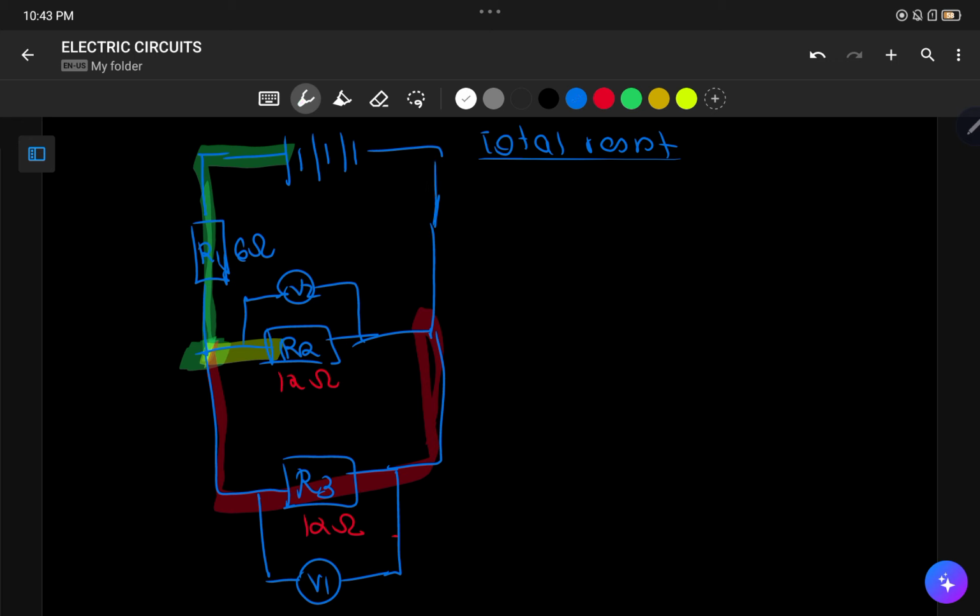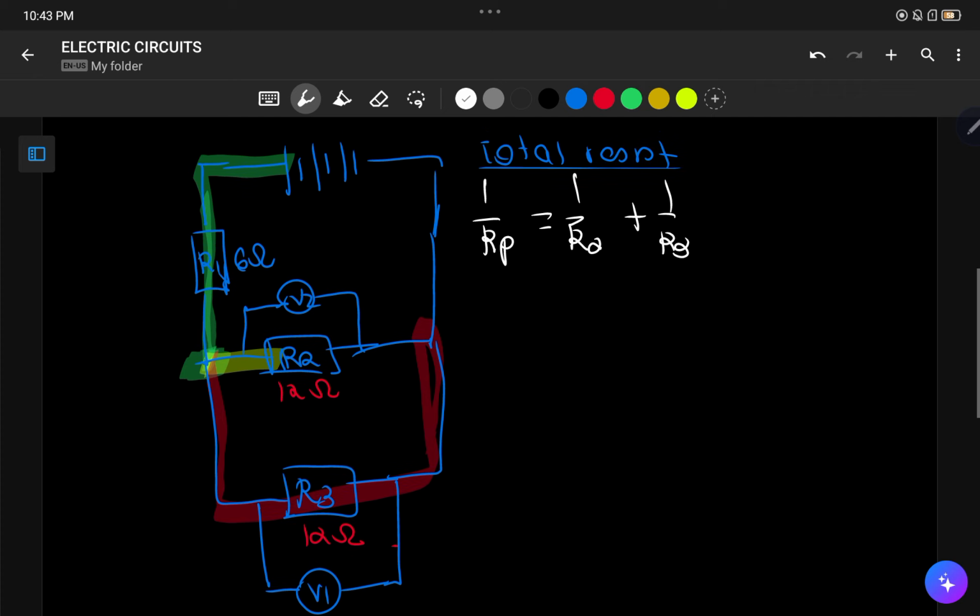You're going to say 1 divided by R parallel is equal to 1 divided by R2 plus 1 divided by R3. That is the formula to calculate resistors that are in parallel to one another.